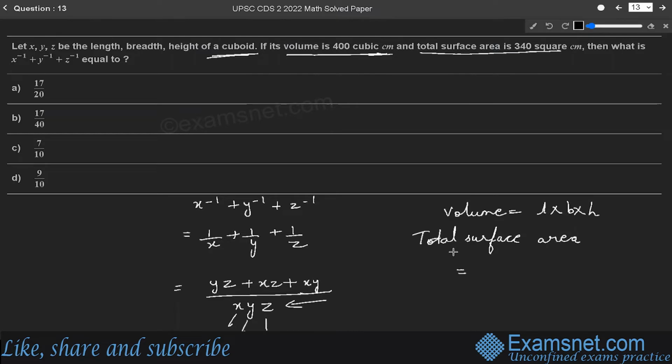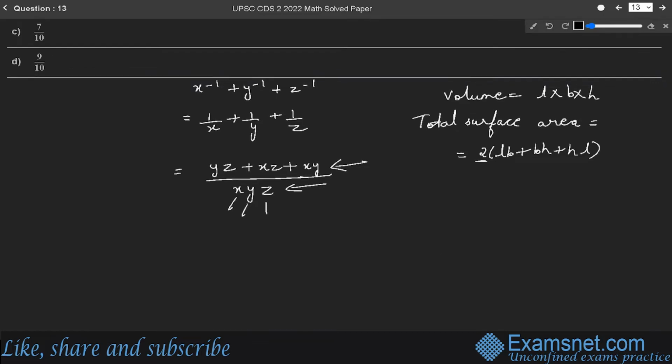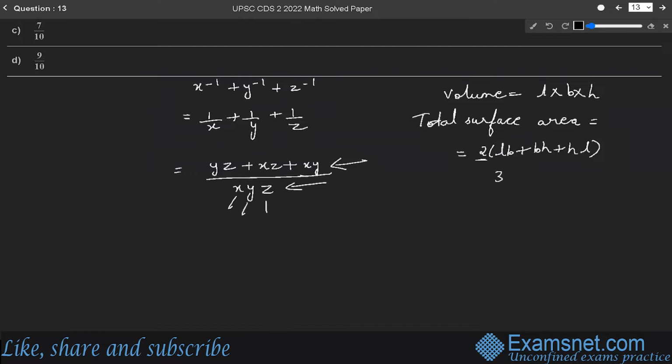Total surface area is given by 2 into length into breadth plus breadth into height plus height into length. You can see here it is length into breadth plus breadth into height plus height into length. But 2 is missing here. So what we will do is we will just divide the 2 by the value. See, total surface area is given, which is 340 according to the question.